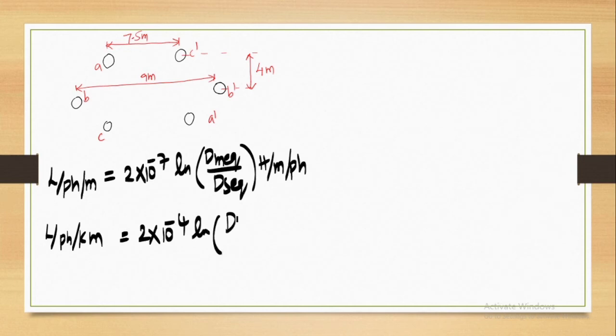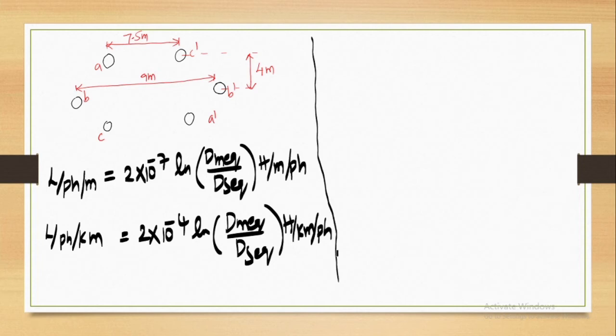It will not change. So L equals 2 into 10 power minus 4 ln of dm equivalent by ds equivalent henry per kilometer per phase. The meaning of per phase is that we are finding all these things for one phase.